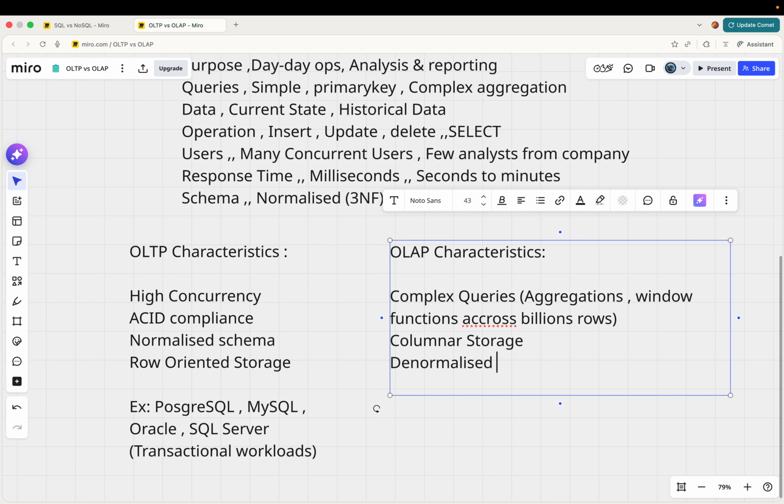Denormalized schema. We shall learn about this denormalization in later videos. And batch updates will be there. Batch processing will be there here.